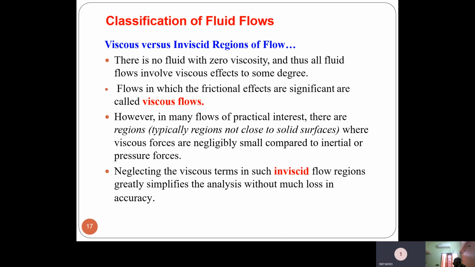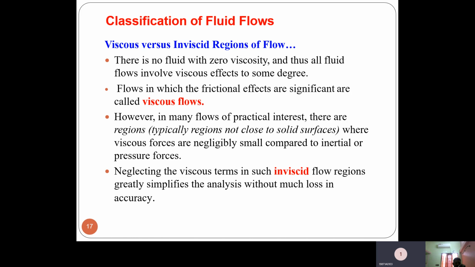Flows in which the frictional effects are significant are called viscous flows. Flows in which we consider the frictional resistance are called viscous flows. However, in many flows of practical interest, there are regions, typically regions not close to the solid surface, where viscous forces are negligibly small compared to inertial or pressure forces.